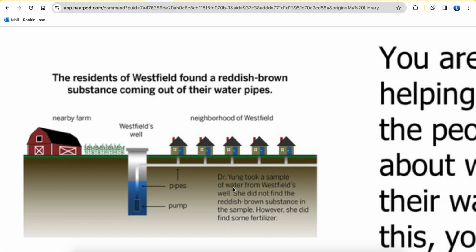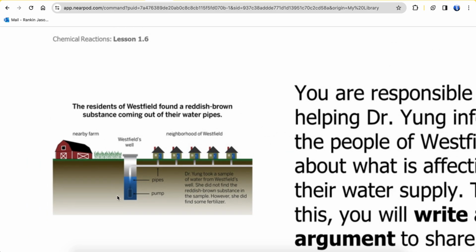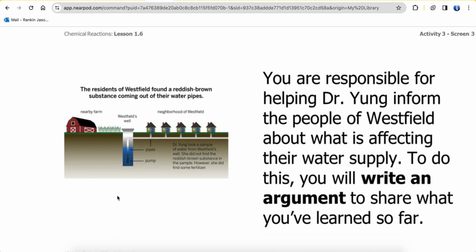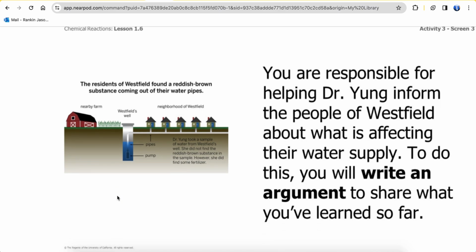Dr. Young took the sample of water from Westfield's well. That's here. She did not find the reddish brown substance in the sample. However, she did find some fertilizer. You have a nearby farm, perhaps putting that fertilizer in the well, maybe by accident.